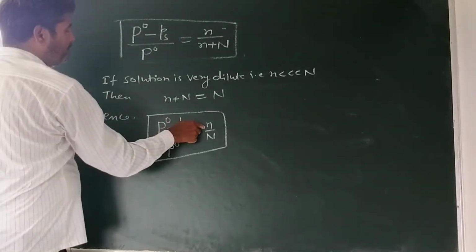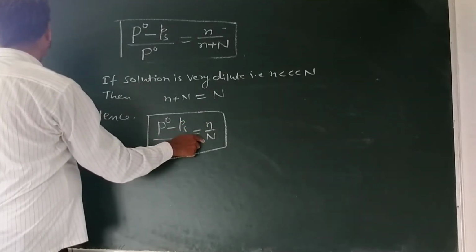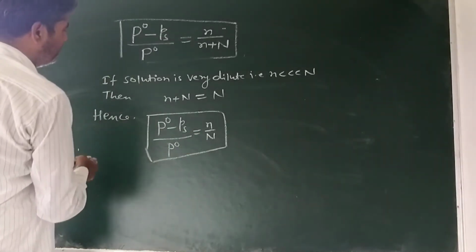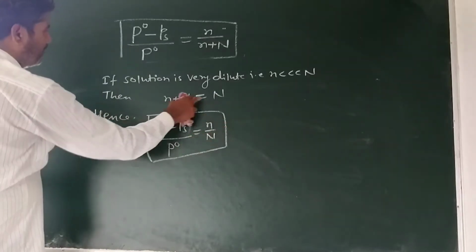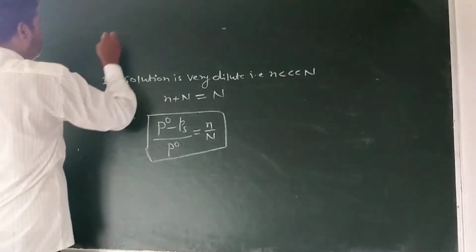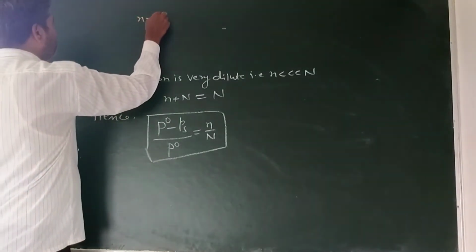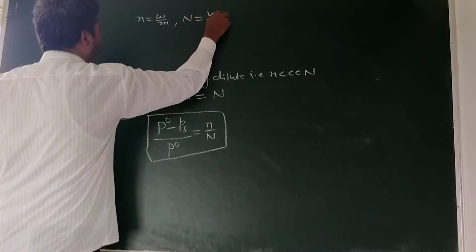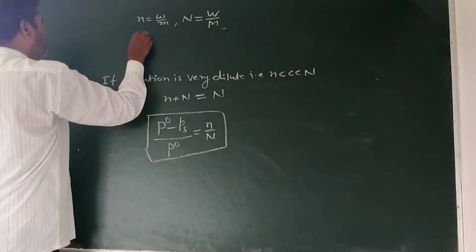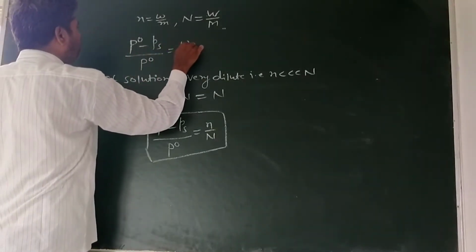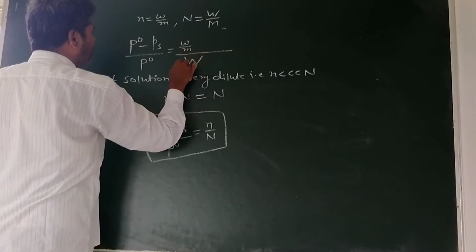Since small n is equal to small w by small m and capital N is equal to capital W by capital M on the basis of mass and molar mass, this equation may also be represented accordingly.